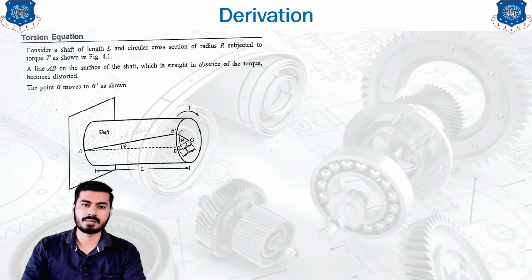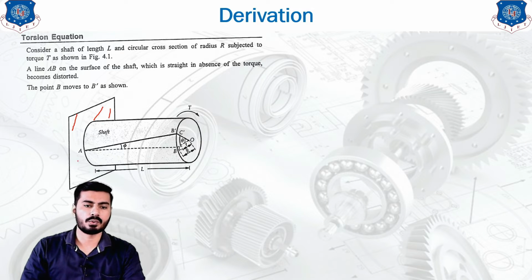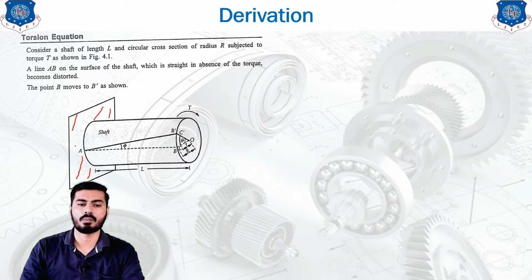We have shown some diagram over here in which a circular shaft is available. In this circular shaft, as you can see, this one is the fixed support, and we have fixed one end of the shaft at the point A. At the point A, we have considered the end of the shaft fixed, but at the other end, the shaft is free.